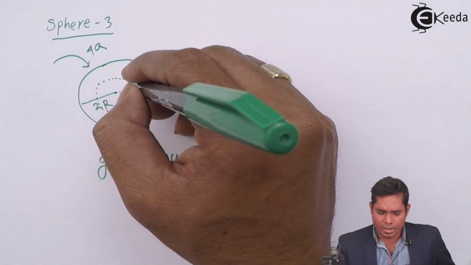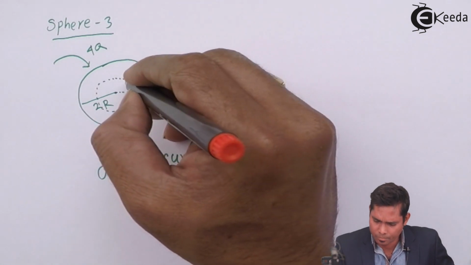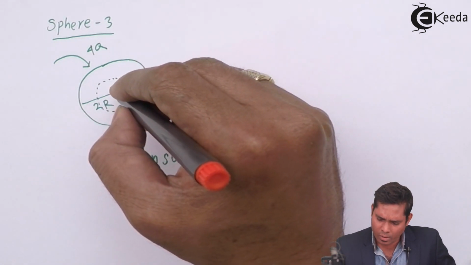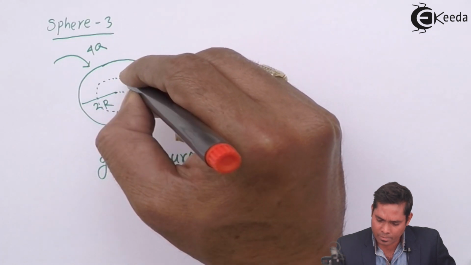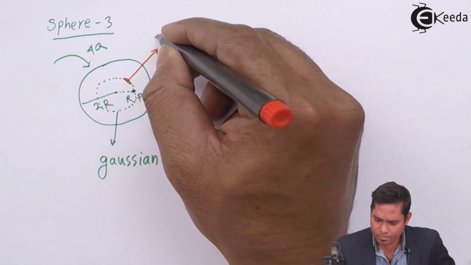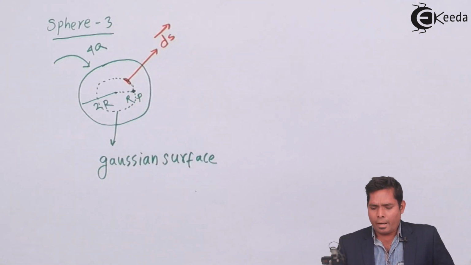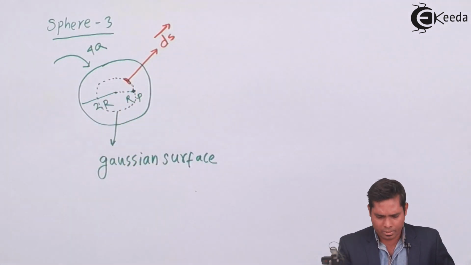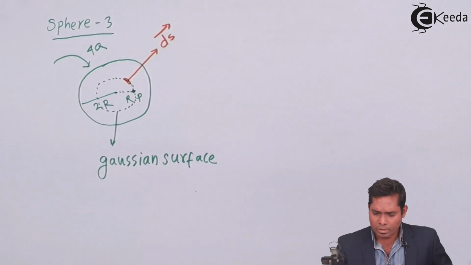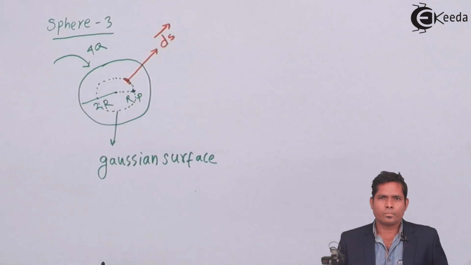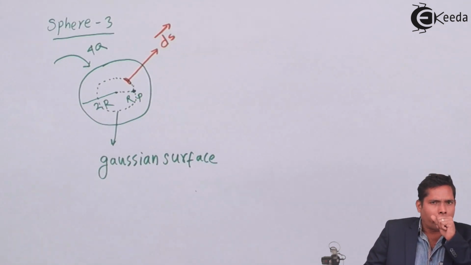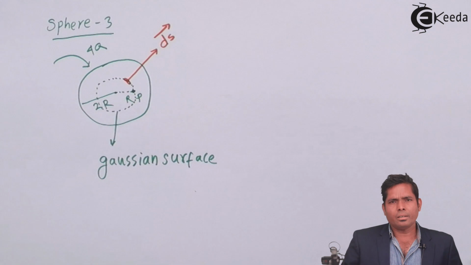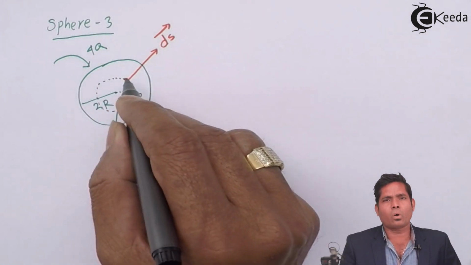As usual, we'll consider one element over here, and for that element of area, say ds, the ds vector will be outward, and the electric field will also be pointing in the same direction because it is a symmetrical arrangement of charges.